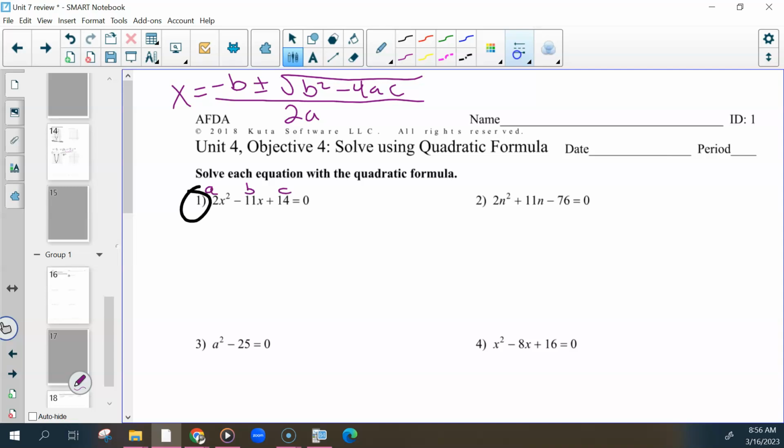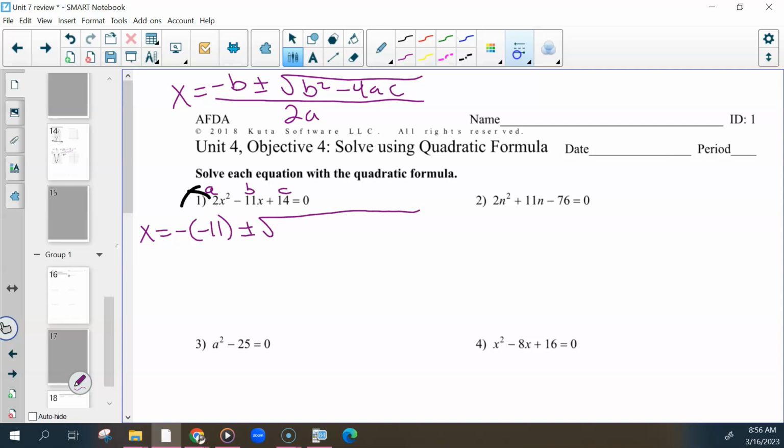Remember, those are the numbers, not the variables. So if it's only negative, you just become a positive, right? So x equals negative 11. If you want to go ahead and make that a positive instead of making both negative, that's fine. I'm going to write everything out.